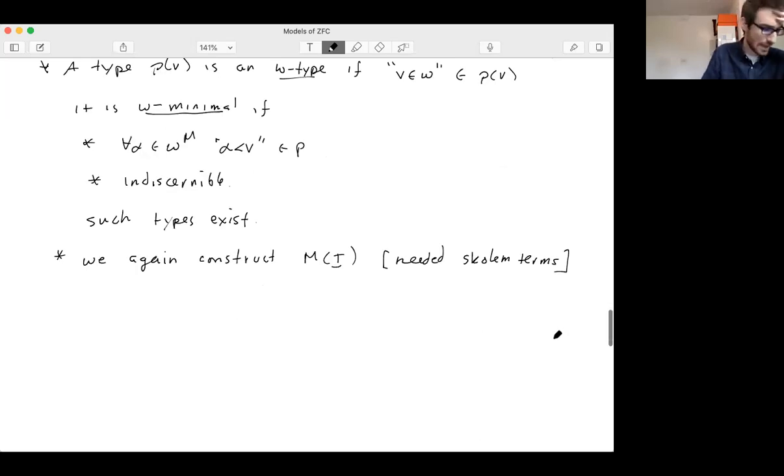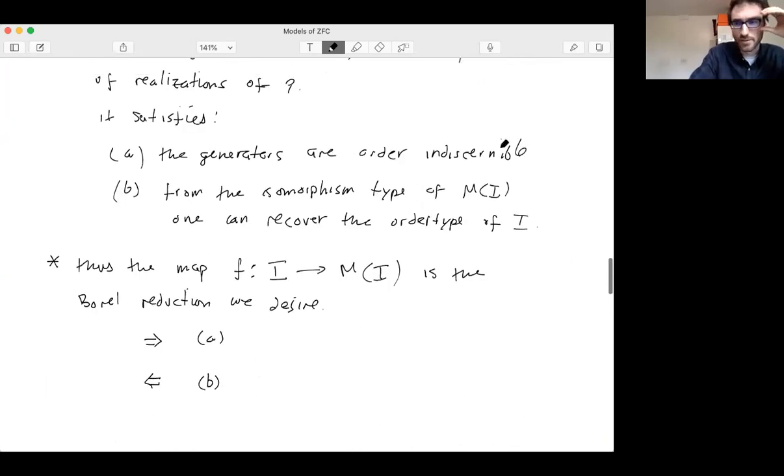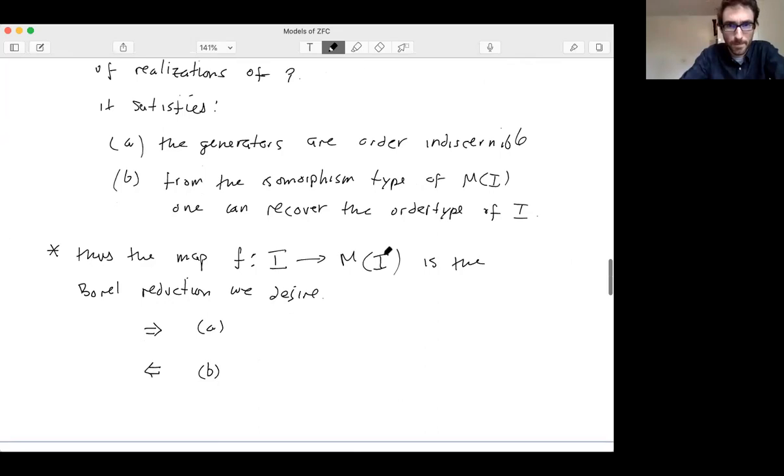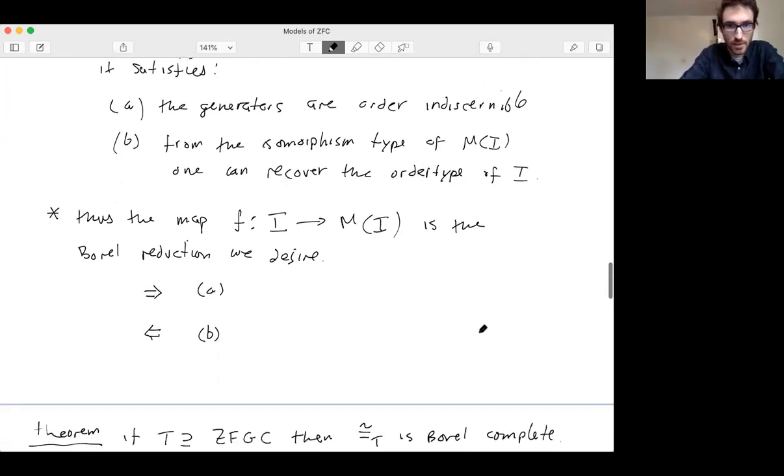And we again prove A and B. So what were A and B? A was that you have indiscernible elements, so that means an automorphism of the generators would extend to an automorphism of the M of I. And part B is saying that we can actually recover the order type of I from the structure of the model M of I.